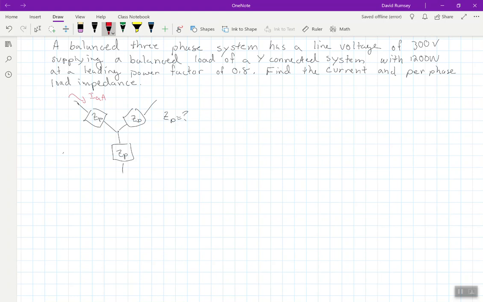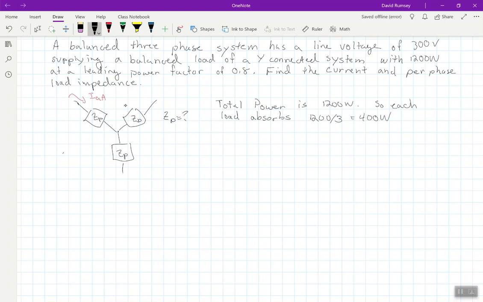Now, there's a couple things we should think about here. First off, the total power is 1200 watts. So each load absorbs 1200 divided by 3, 400 watts.